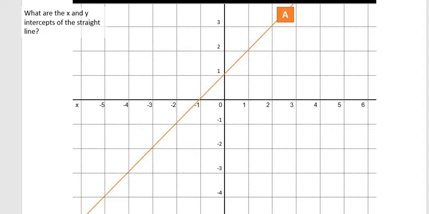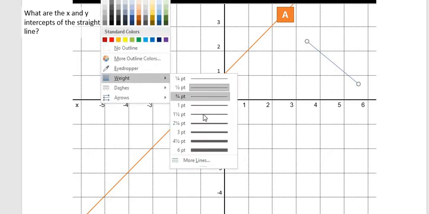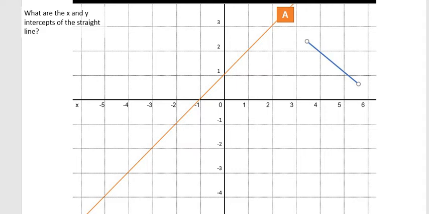So if we're looking at two lines, let's say we have this line, and we have another line, this line here.